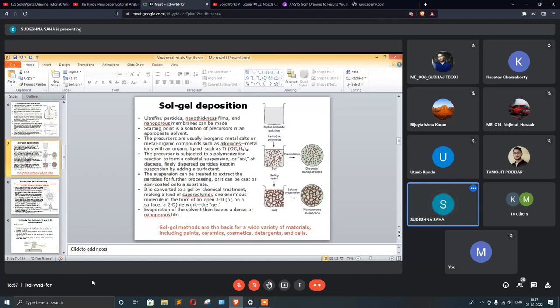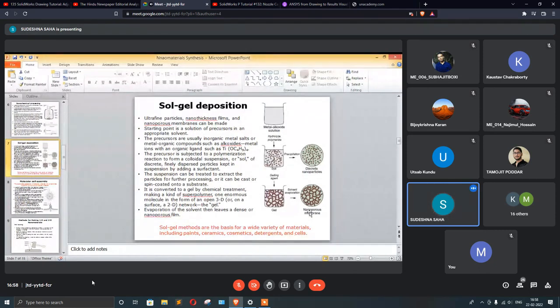Gels are like this: the discrete nanoparticles that you can see over here try to link together to form a large molecule, a kind of network structure. All of you know what a gel is. Even Vaseline petroleum jelly is a gel. That kind of structure has been formed, and if you evaporate it, you will obtain nanoporous membrane structures.